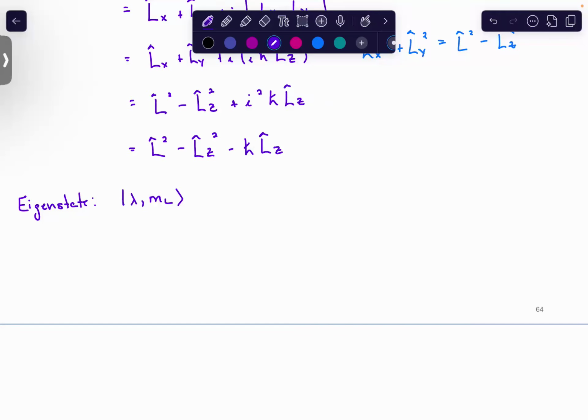So we need to set up our eigenvalue equation. We're going to take the L squared operator. This is going to generate some function, so you notice we get the state back, but it's now multiplied by an eigenvalue.